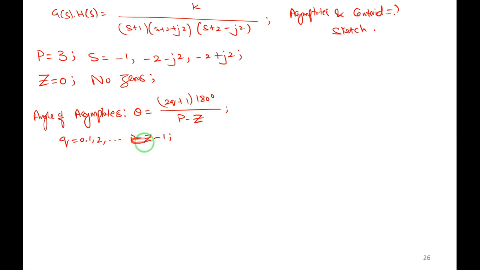So first let us calculate p minus z minus 1. P is 3, Z is 0, so p minus z minus 1 is 2. So q can take values 0, 1, 2, only these three values, because it goes till p minus z minus 1, which is 2, right?